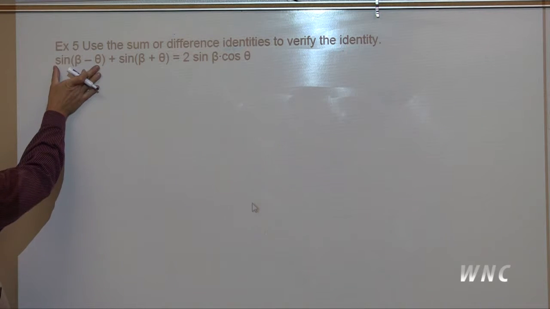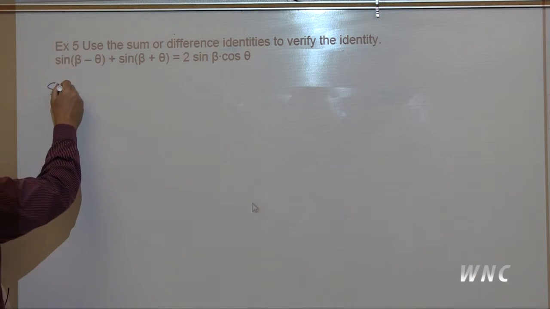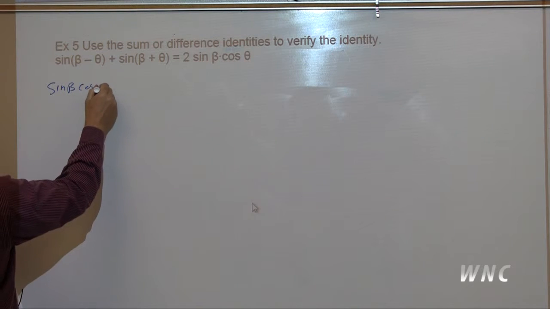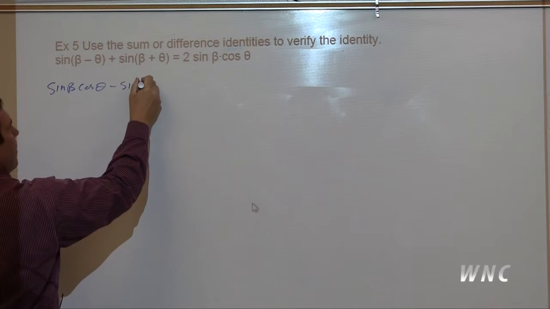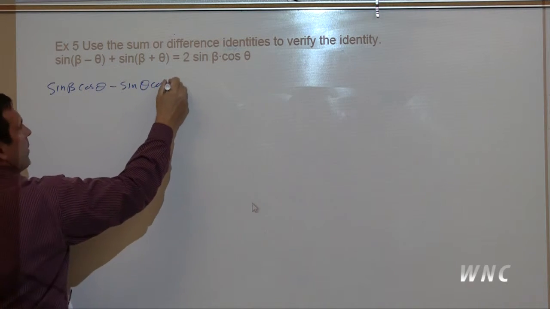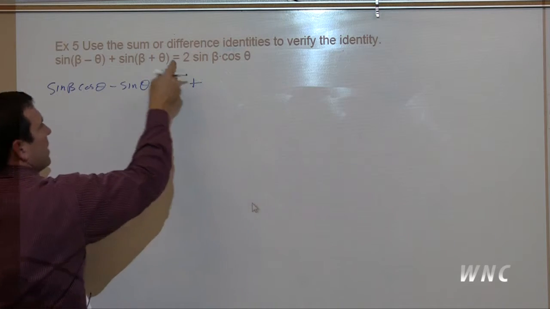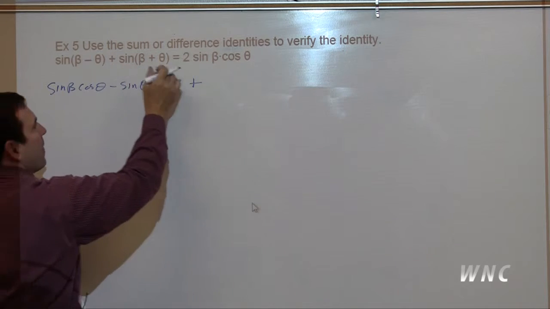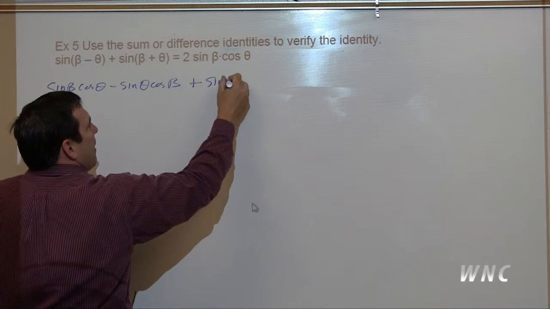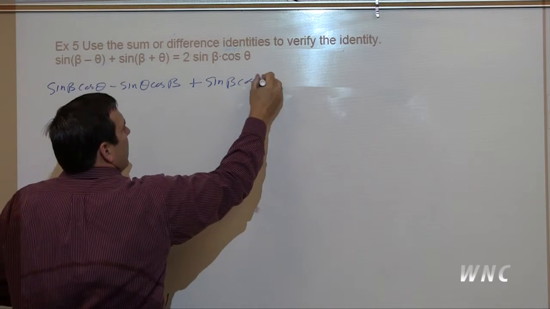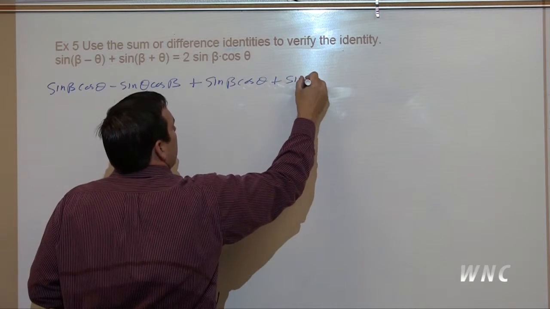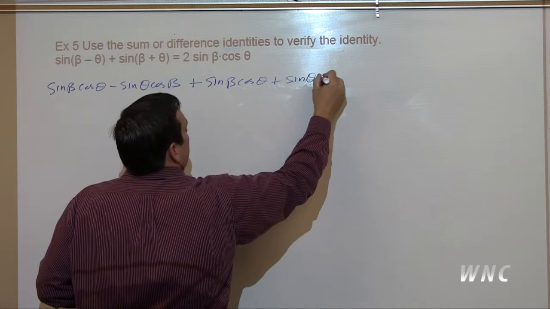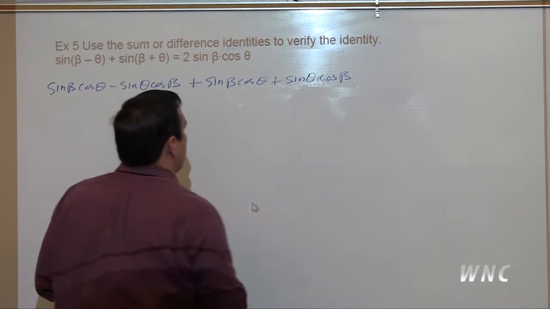So start with this one. Sine of beta minus theta would be sine beta cosine theta minus sine theta cosine beta, plus sine of beta plus theta, sounds like a Dr. Seuss thing, is going to be sine beta cosine theta plus sine theta cosine beta.